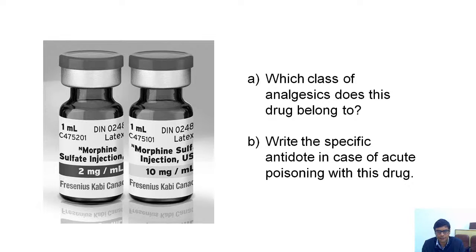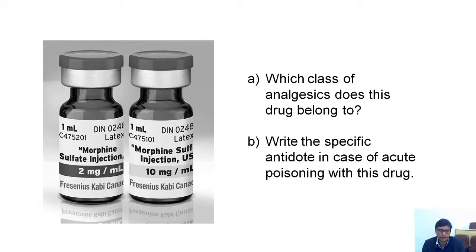Write the specific antidote in case of acute poisoning with this drug. Again it is very easy to answer, but some of you may write naltrexone, nalmefene. Here the question specifically asks for the specific antidote in case of acute poisoning.